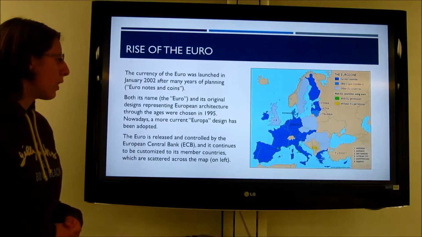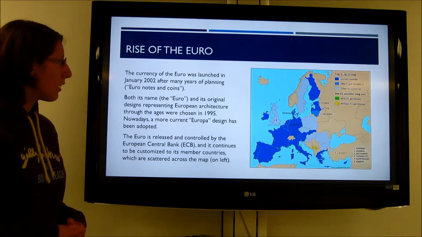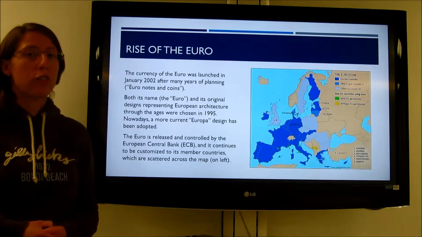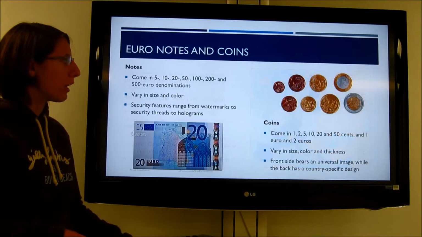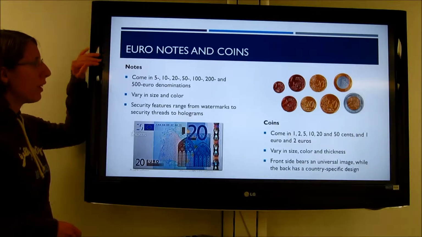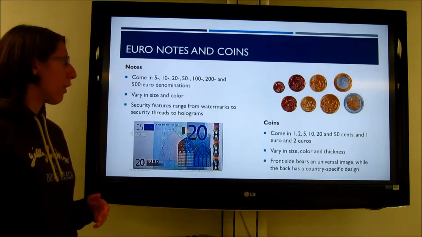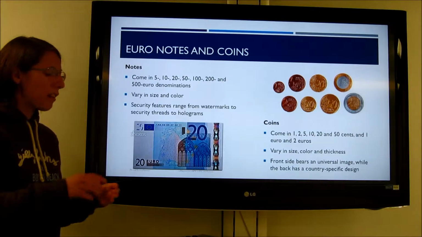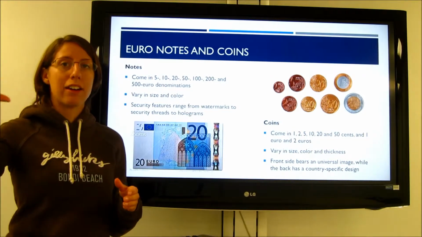Right now the euro is released and controlled by the European Central Bank, and it was launched over 13 years ago, so it has quite a strong hold in the region. I wanted to note the notes of the euro. They begin at the 5 euro and go all the way up to the 500 euro, and as they go up in denomination, they also grow in size.